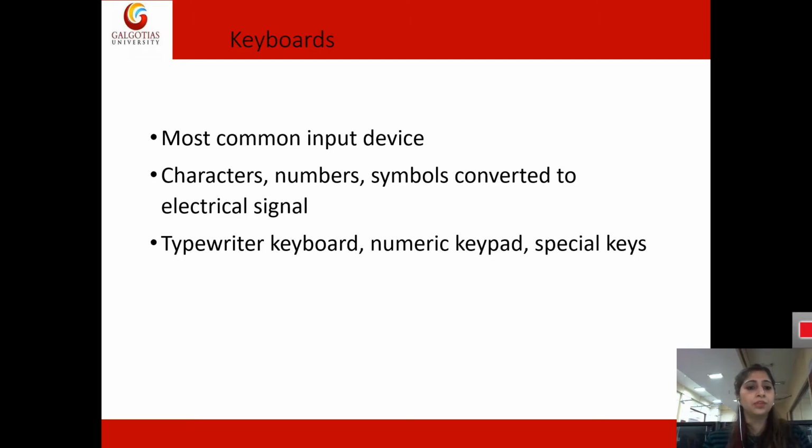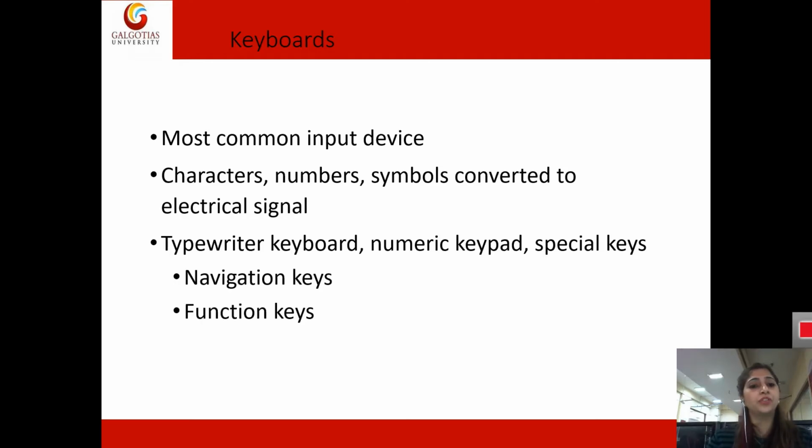So we have the typewriter keys, numeric keypad, special keys, and navigation keys that are used to move up, down, left and right. Then we have the function keys, which are used for specific purposes. We have F1 to F12 on keyboards, and every function key has some specific purpose.